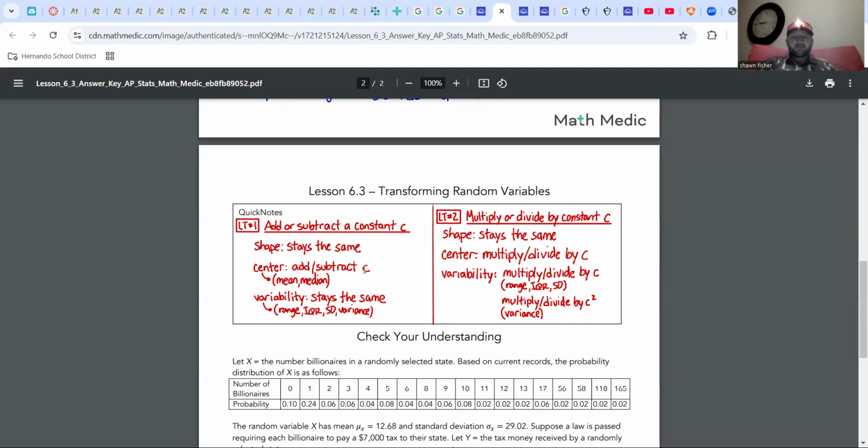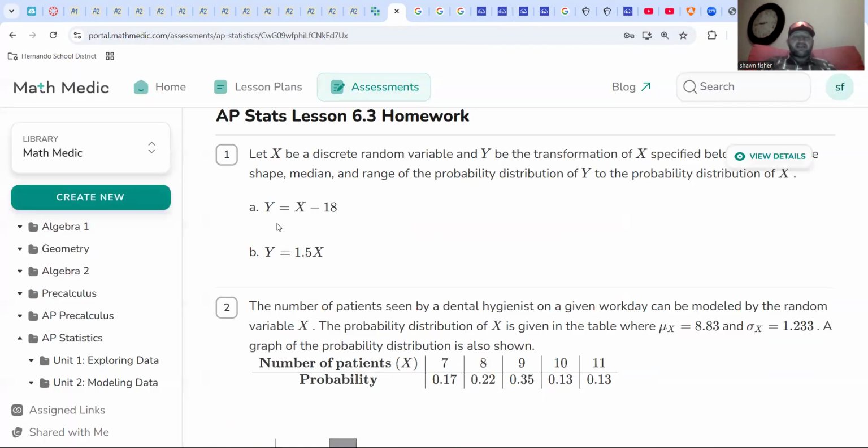It's going to add or subtract, in this case subtract 18. So Y is going to be 18 less than the discrete random variable X. And then the range: when we add or subtract, variability is the range, so it won't get affected at all. All right, part B.